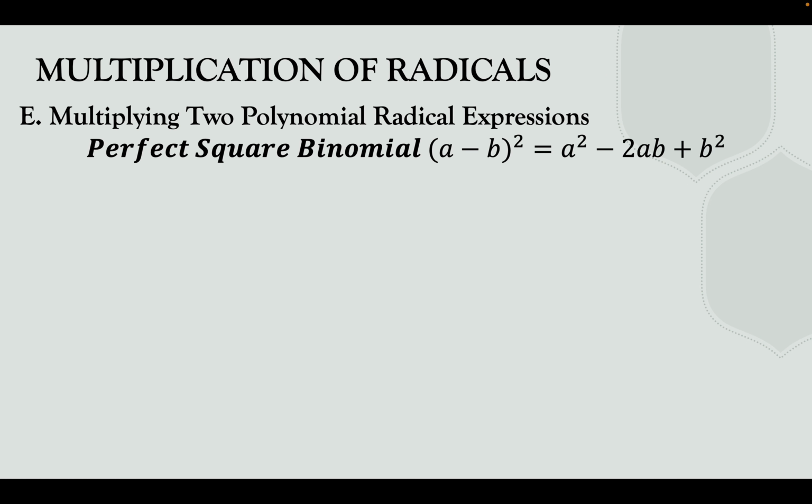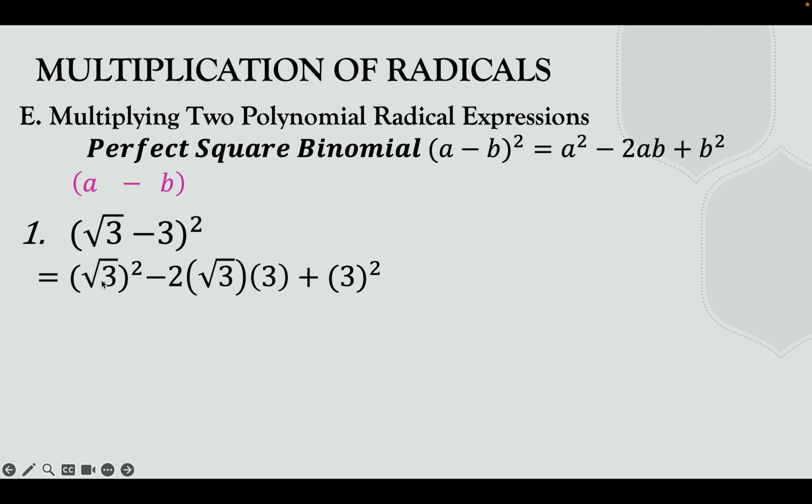Last one, now the perfect square binomial difference: a minus b squared is equal to a squared minus 2 times a times b plus b squared. So example number 1, we have square root of 3 minus 3 squared. So this will be our first term, and then the second term.